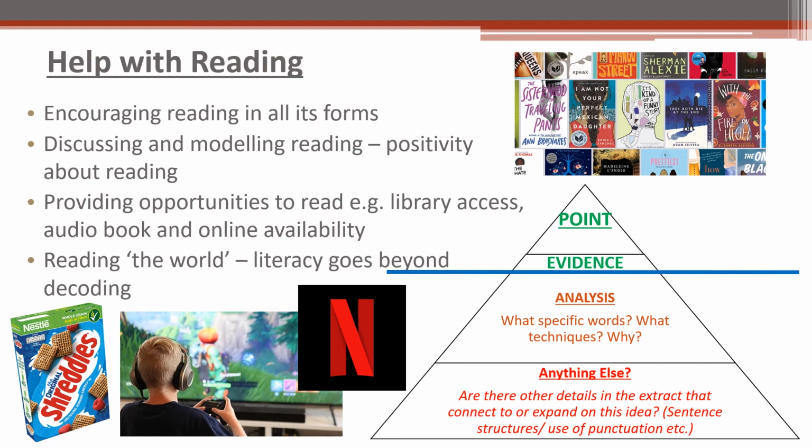So being able to make a statement about a text or locate something in a text is perhaps the first 2 steps, but the reading focused outcomes students will be working on in secondary school right up to GCSE will actually be more concerned with their ability to read for meaning and to show understanding of what a writer's intentions are and how they've created a text to meet these.